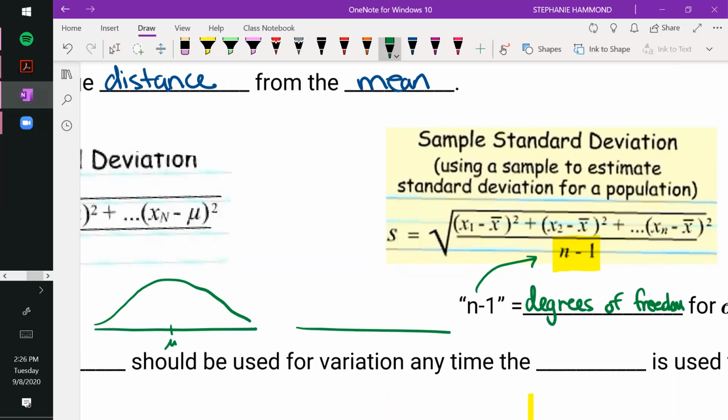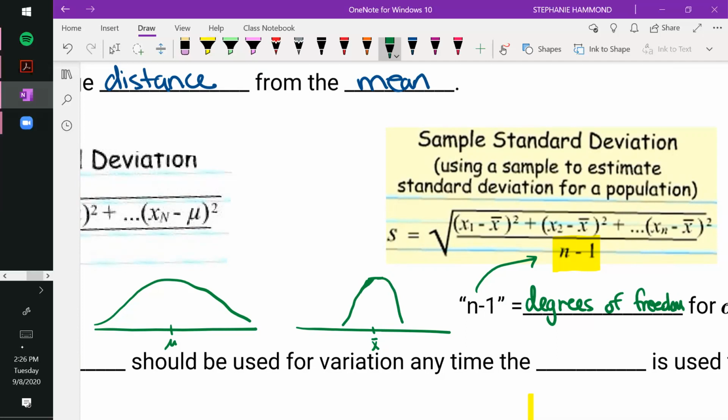When I take a sample, my sample mean, if it's a good sample, will probably be very close to what the population mean is, about the same height. But since I'm taking a sample and I'm seeing less data, I'm automatically going to see less spread from that mean.